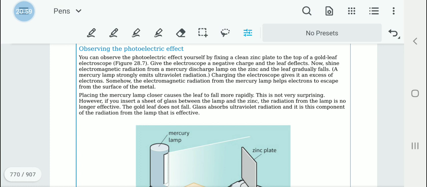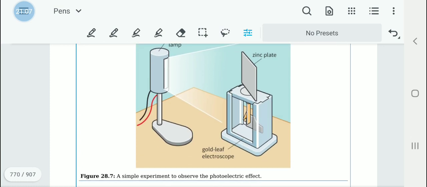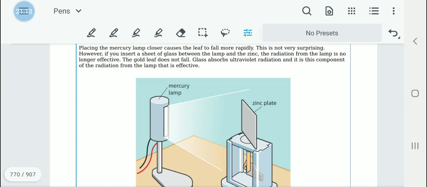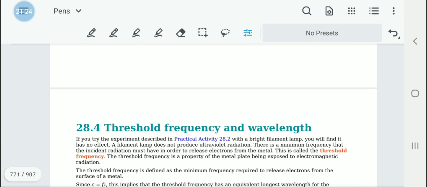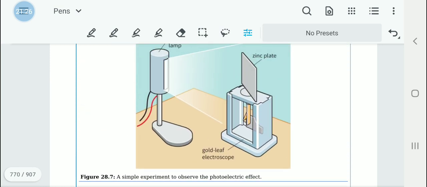After that is done, you would see that the gold leaf is not going to fall. That is because the gold leaf is not affected by this light. That means it has gone below the threshold value. So for it to be effective, it has to be above the threshold value.